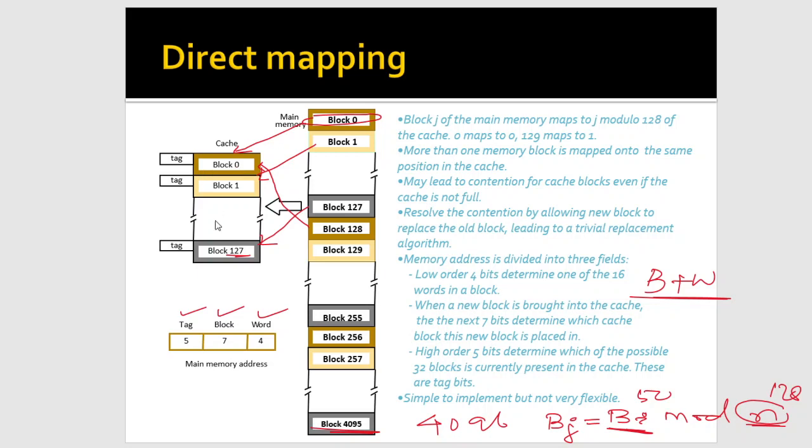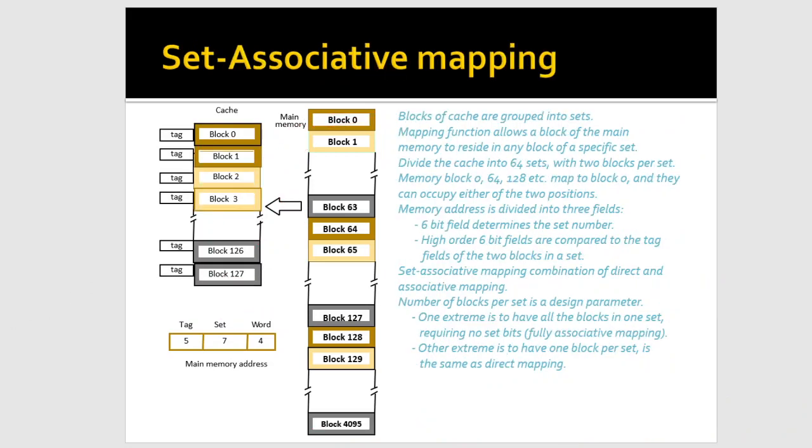Now coming to the next type of mapping, which is set associative mapping. Set associative mapping overcomes the limitation of direct mapping. In this approach, any block in the main memory can be placed anywhere in the cache.